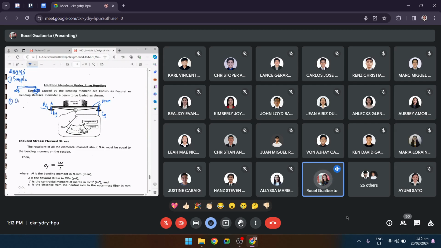The second type, we call an overhanging beam. It is when, this time, the supports are not on both ends.